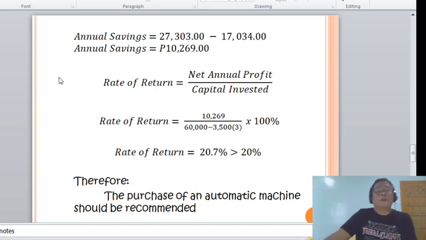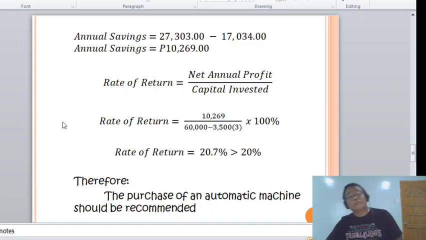Net annual profit divided by capital invested is equal to 10,269 divided by 60,000 minus 3,500 multiplied by 3, which is the cost of the old machines, multiplied by 100%. The computed value now, class, is 20.7%, which is greater than 20%. So it is obvious that the purchase of the automatic machine should be recommended.